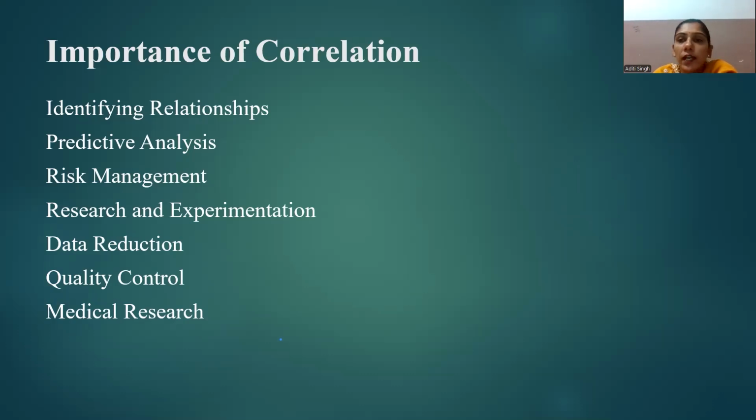Next is predictive analysis. Correlation can indicate which variables are likely to be useful in prediction. It is also helpful in predictive modeling, as a high correlation between a predictor variable and an outcome variable, you can say independent variable and dependent variable, suggests that the predictor could be useful in a predictive model.